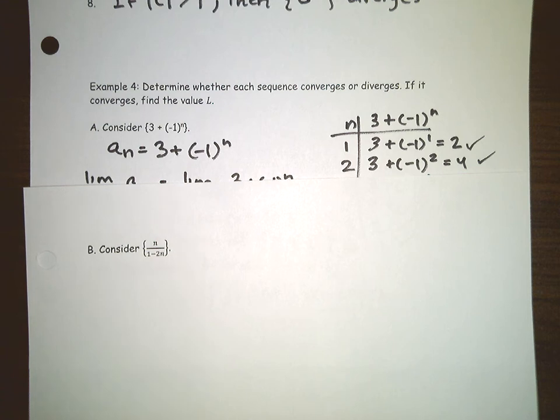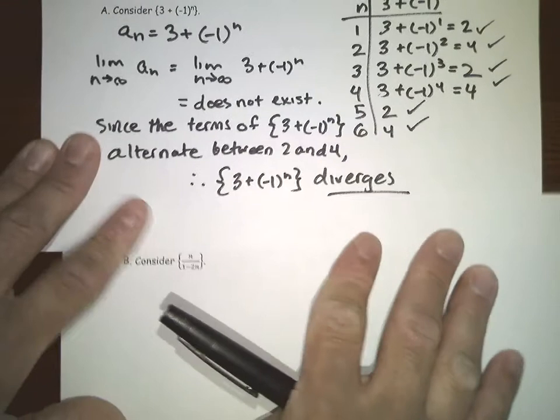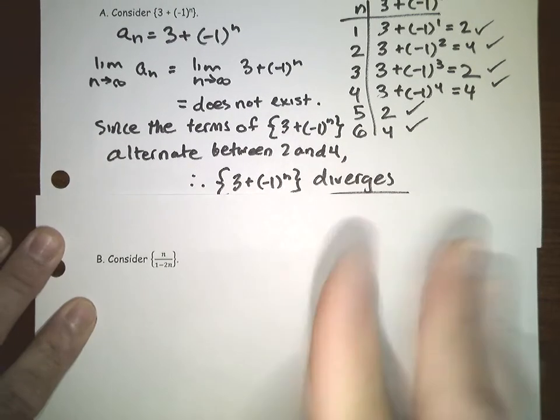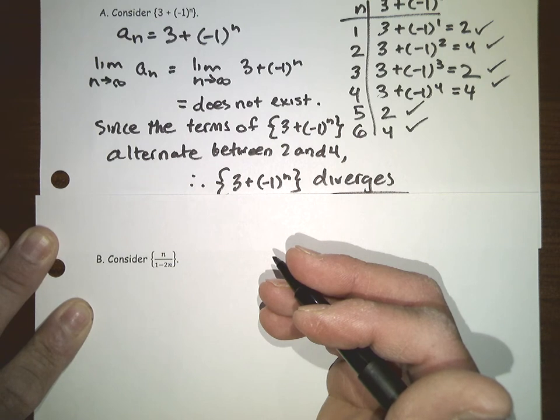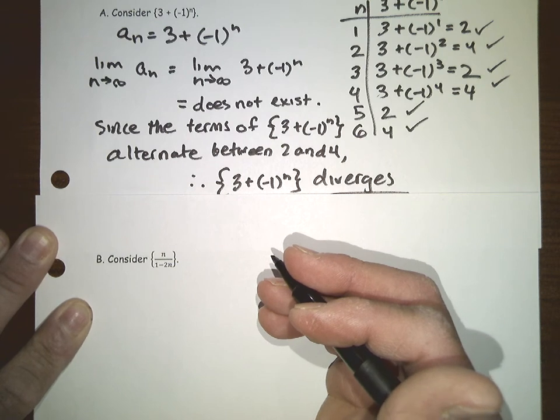So if you get stuck, sometimes listing out the terms is a good way to go. But the same instructions here. Determine whether each sequence converges or diverges, and if it converges, find the value of L.